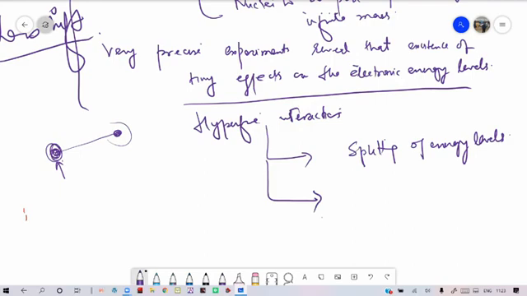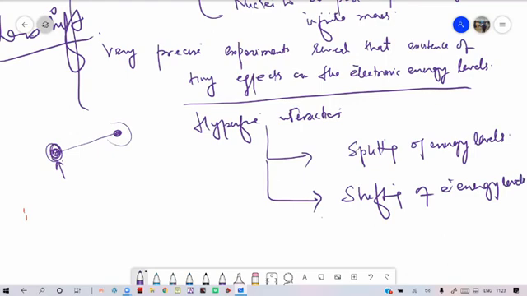That means if we are not incorporating any hyperfine interaction and calculating the position of the electronic energy levels without this interaction, and then we incorporate the hyperfine interaction, or there is a change in the mass of the nucleus, then there is a shift of electron energy levels.